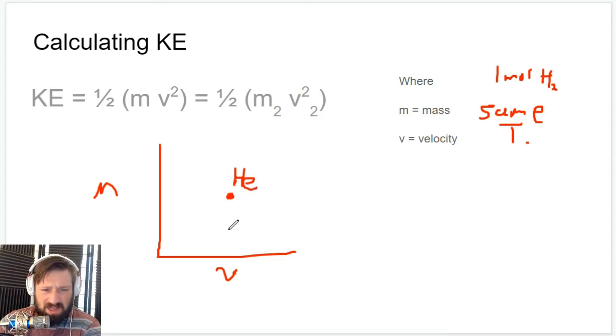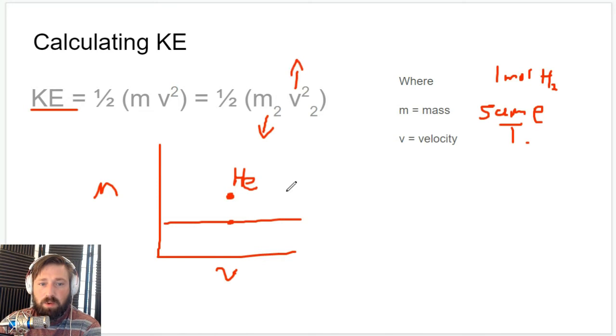So I know it's going to be somewhere here on this line. I don't know what its velocity is going to be. But what I do know is that they have the same kinetic energy. And if I decreased the mass, if the mass of my second state is lower than that of my original state, in other words, my mass of hydrogen is less than helium, and the kinetic energy is staying the same, my velocity has to be going up.